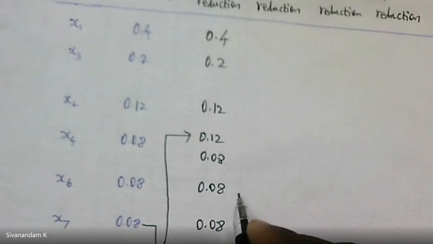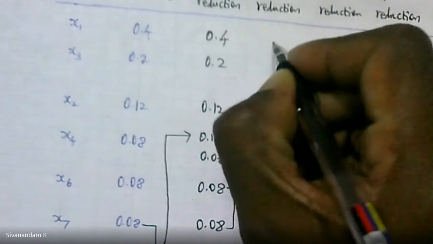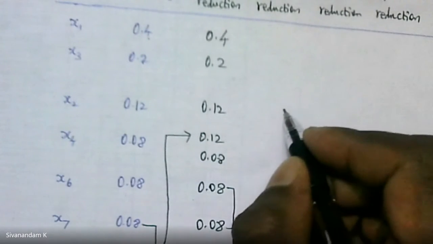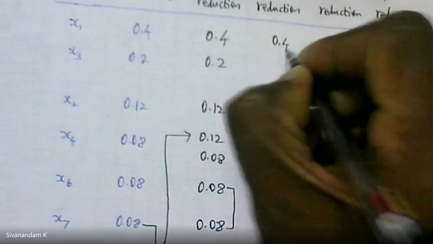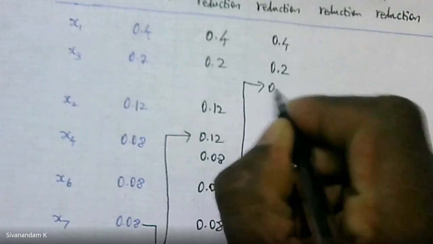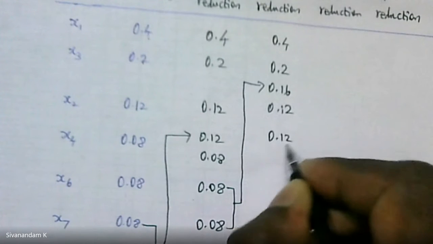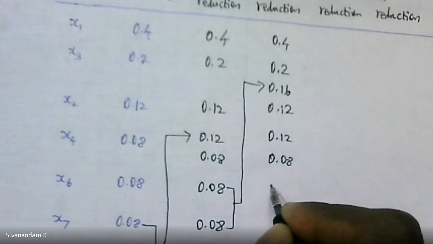Next, second step reduction: 0.08 and 0.08 equal 0.16. So 0.16 will appear after 0.2. So 0.4, 0.2, 0.16, 0.12, 0.12, keeping the remaining probability values as they are.